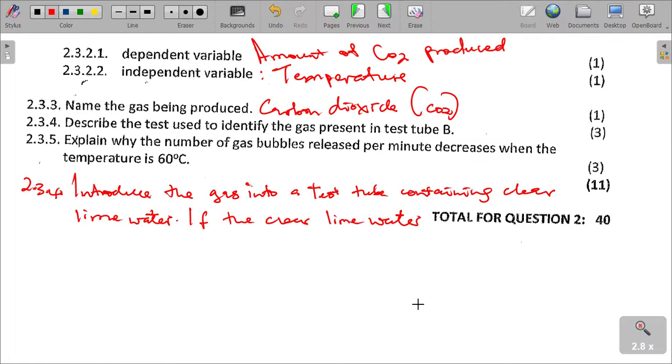If the clear lime water turns milky or becomes cloudy, then the gas tested for is carbon dioxide.